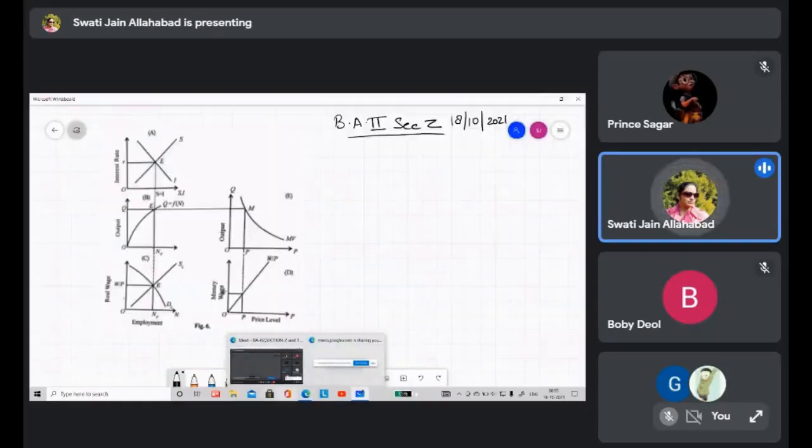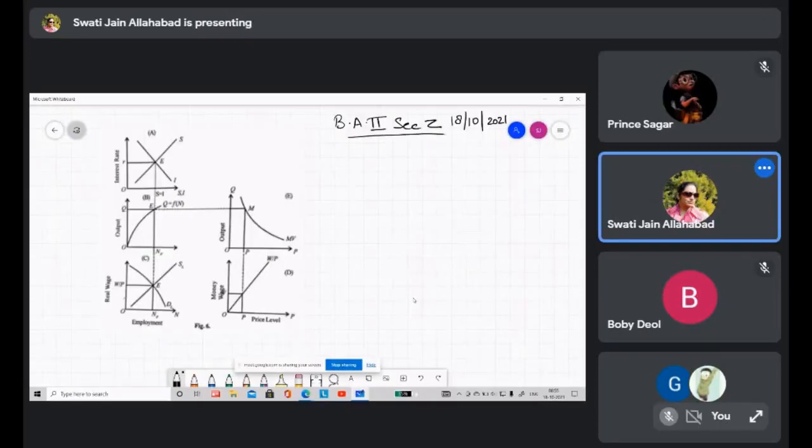Now, this is the diagram which I shared with you in the very first class when we started with the classical system. So this briefly tells you how employment, output, and income are determined together in this economy.